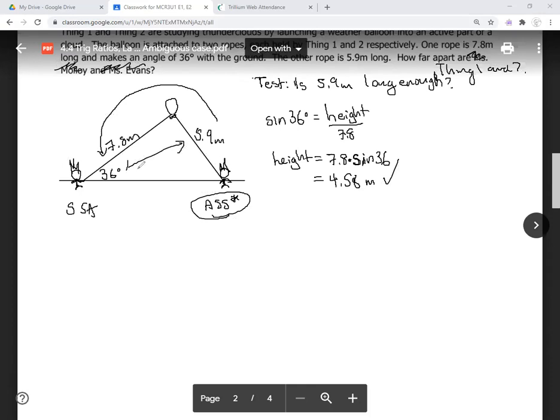Just as before, we always have to match the opposite angle and side, which means if you recall from grade 10, sine of 36 degrees is going to be proportioned with its opposite side. That is going to be, let's call this theta, the same ratio as the sine of theta and its opposite side.